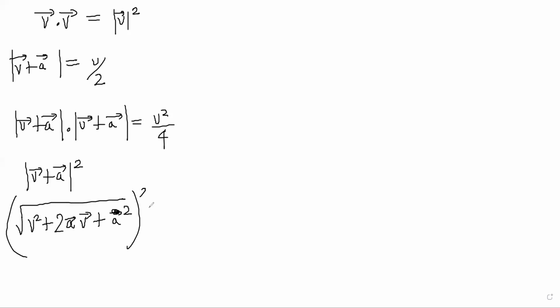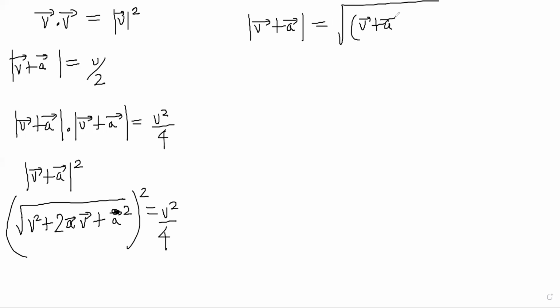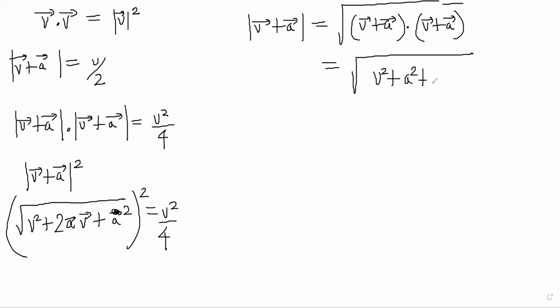So what I want to say is basically mod of any sum of two vectors can be written as root over the dot product of v plus a dot v plus a, and that turns out to be v square plus a square plus 2a dot v. So keep this in mind, that will help you.